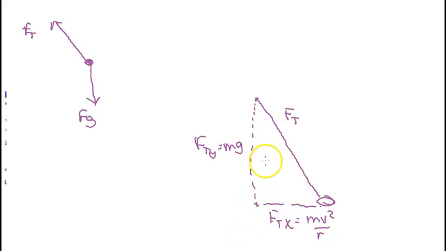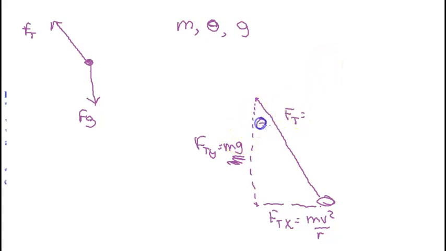gravity. But then I want to write each of these in terms of m, theta, and any physical constants. In that case, that would be g. So I want to write these just in those terms. This one already is in those terms, mg. Force of tension overall, if I want it in terms of mg, I'm going to take a look at this side.